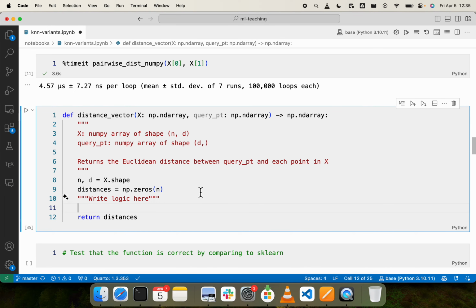Can you now write some code here, in a notebook? Is everyone able to set up the notebook and get it to work?